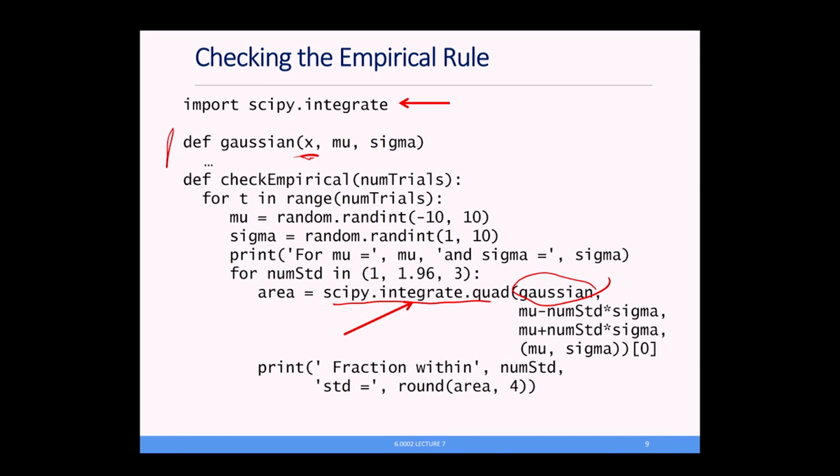And that will change as we go from mu minus the number of standard deviations times sigma to mu plus the number of standard deviations times sigma. And then this is the optional 4th argument, the tuple mu and sigma. Why do I need to pass that in? Because Gaussian is a ternary function, or a function that takes 3 values. And I'm going to integrate over values of x, so I have to fix mu and sigma to constants, which is what I'm doing down here. And then I'll take the 0th value, which is its estimate of the integral.